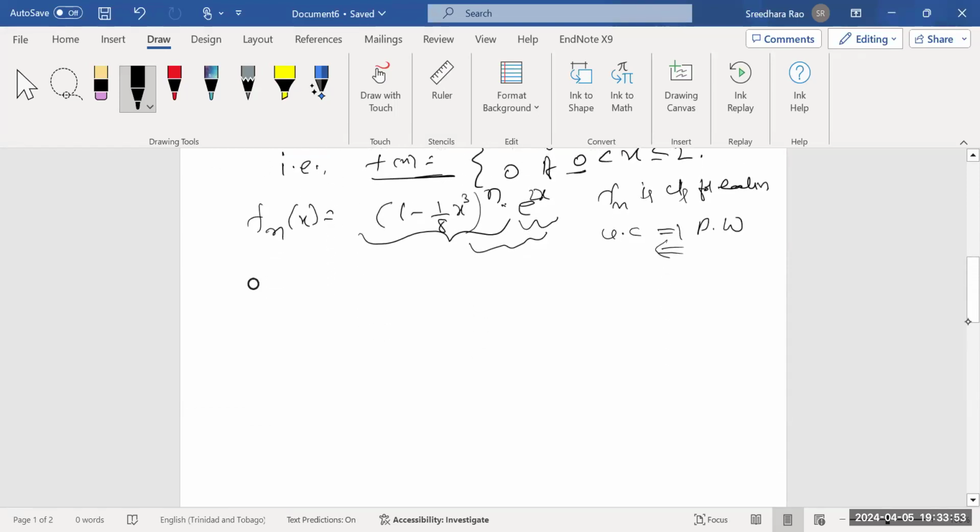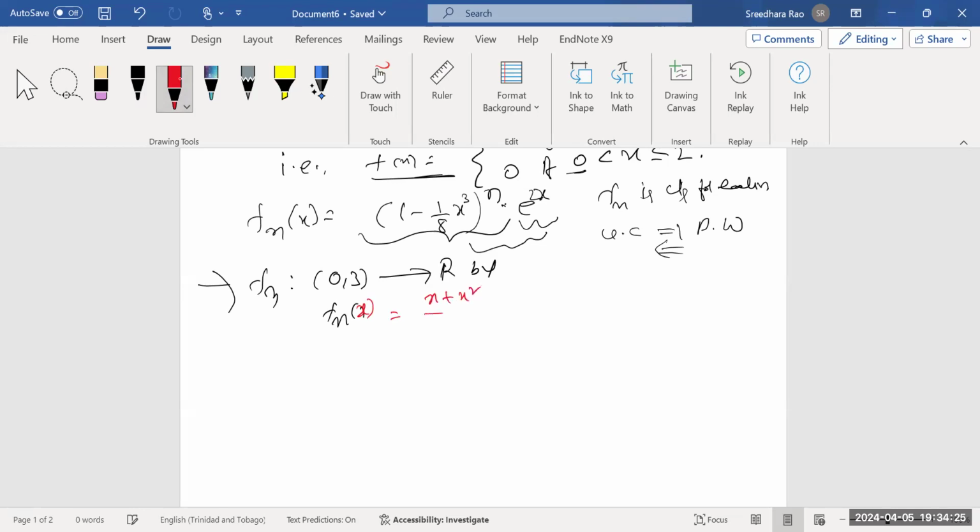What about the second method, by using the Mn test? So what is the Mn test? For example, my fn is a function from the open interval (0, 3) to R, given by fn of x is equal to (n plus x squared) over (n squared plus 2n minus 2 plus x) for all x belonging to (0, 3).